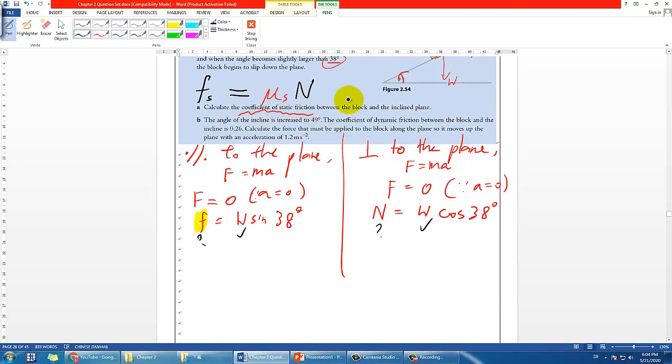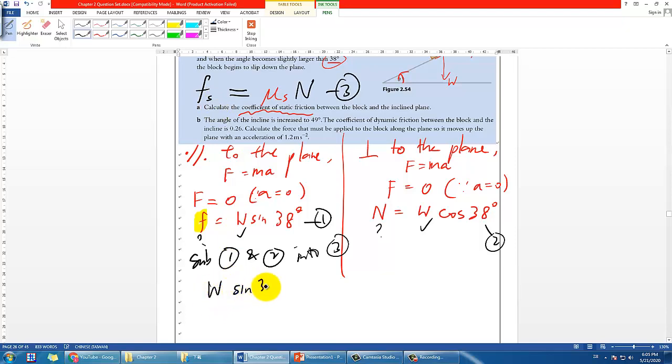So if you simply combine all these three equations, 1, 2, and 3, we could simply substitute 1 and 2 into 3. In that case, we have friction, which is W sine 38 degrees. I would say actually we don't need to know W as well.